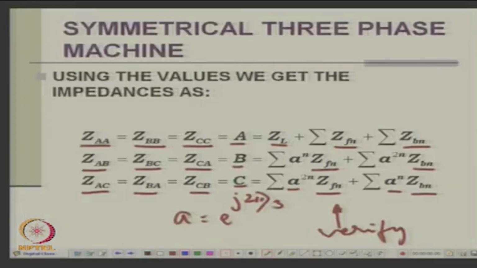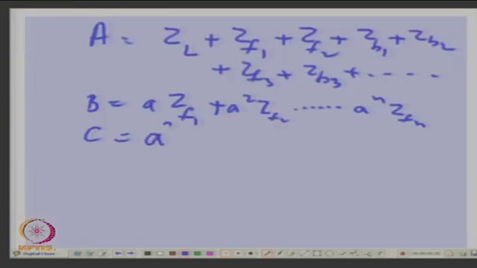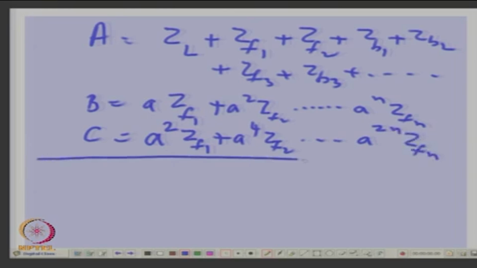C is A to the power of 2n ZFN, means A square ZF1 plus A to the power of 4 ZF2 up to A to the power of 2n ZFN, is not it. So you are trying to say what is, I just wanted to have a few numbers, A plus A square B plus AC, is not it.